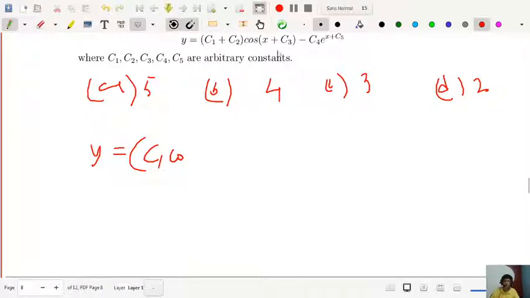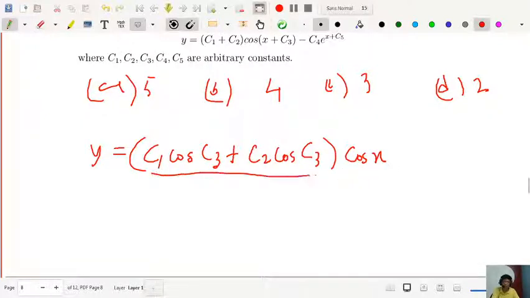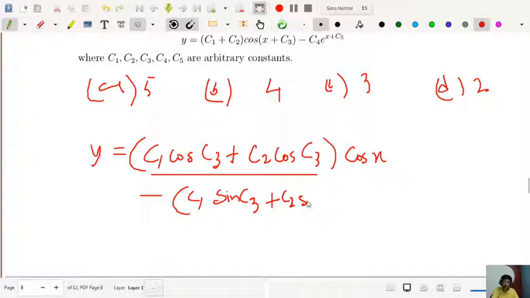Because cos of a plus b is cos a cos b minus sin a sin b, you can write c1 cos c3 plus c2 cos c3 into cos x, where x is the variable and these are the constants, minus c1 sin c3 plus c2 sin c3 into sin x, minus c4 e to the power c5 into e to the power x.